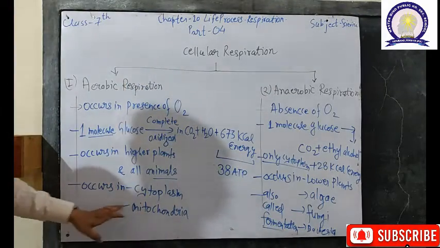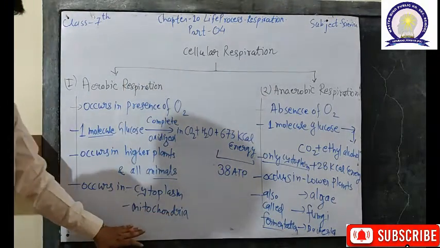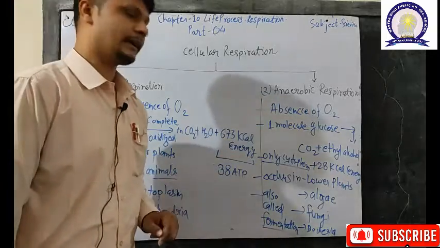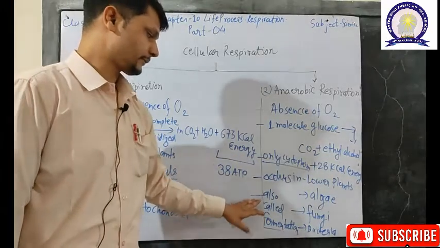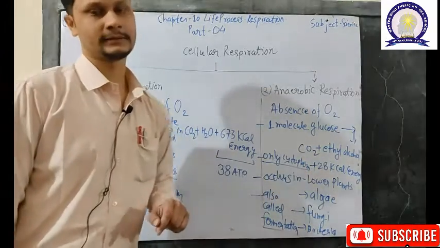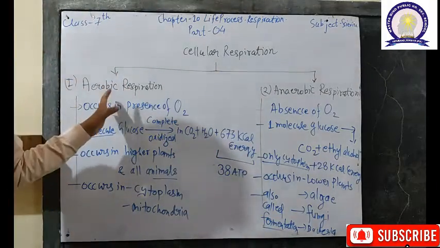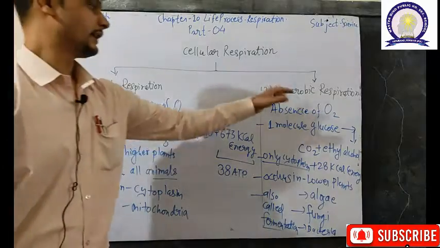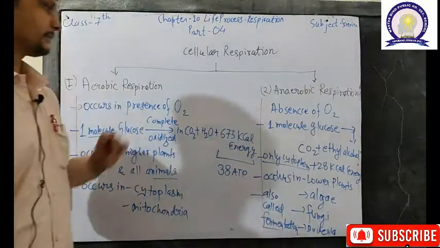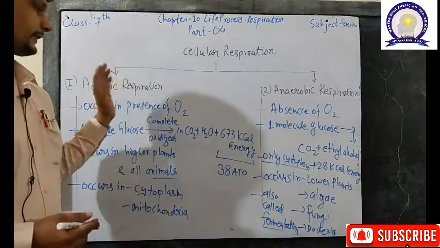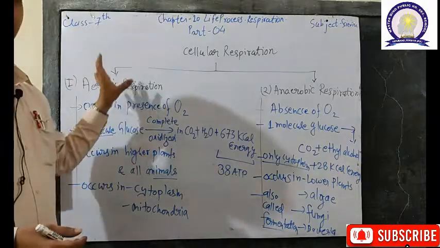This process occurs in the cytoplasm and mitochondria of the cell, and in anaerobic respiration the process only occurs in the cytoplasm. So here you can tabulate the differences between anaerobic respiration and aerobic respiration. In the further part we also discuss the chemical reactions.